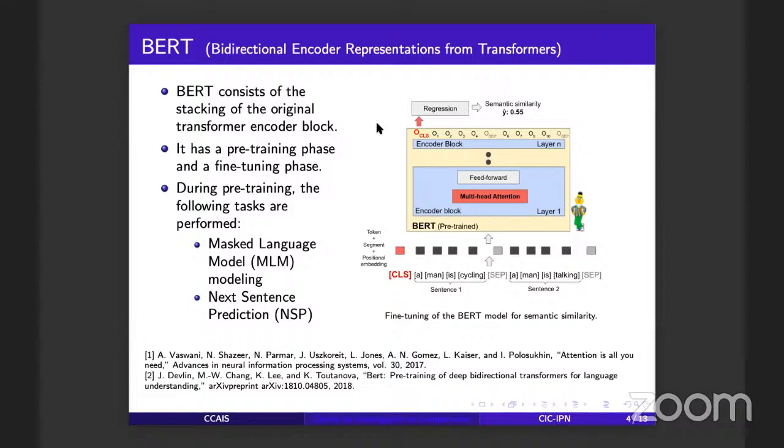You input a pair of sentences, and at the beginning of the sequence there is the CLS token. This token is very useful in classification and regression, like calculating semantic similarity. The objective of this token is to abstract the global context of the whole sequence.